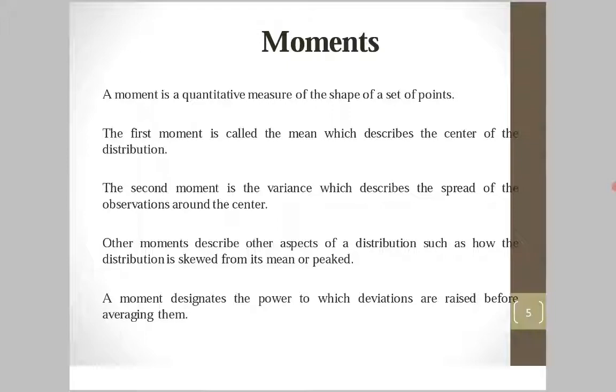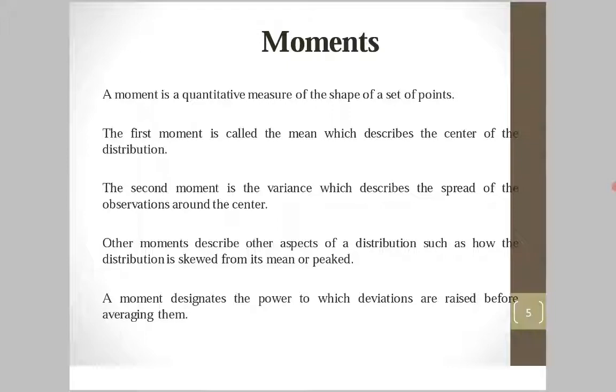Variance simply explains how the data is formed in some shape around the mean. Generally, variance describes the spread of the data around the center, or mean.